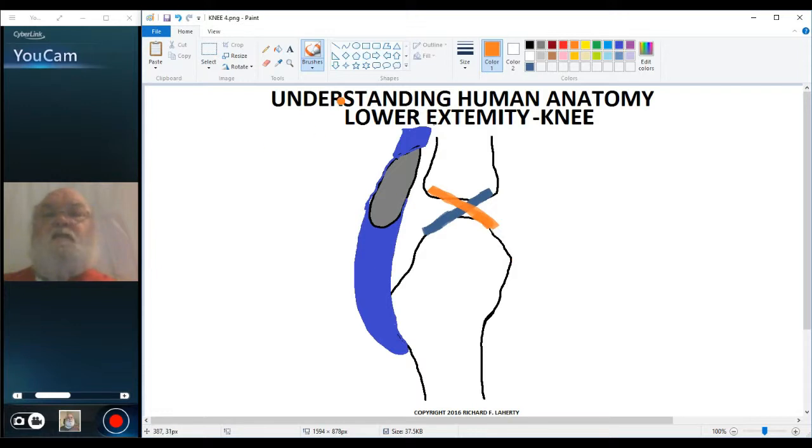Now, let me put some labels on this diagram.